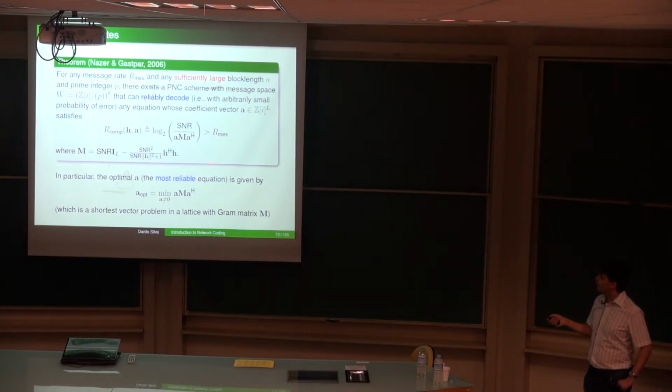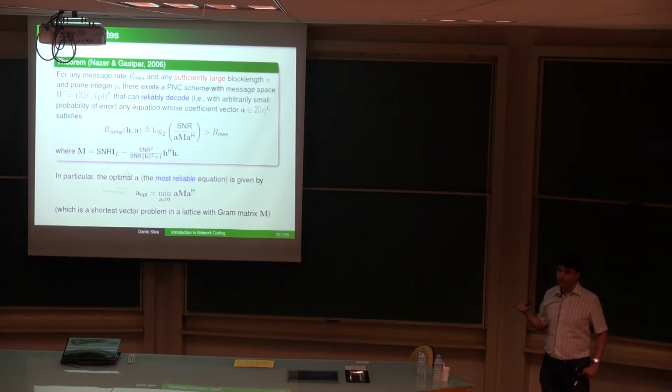Actually, any linear combination with coefficient vector A such that this quantity here is bigger than the message rate. This quantity is called the computation rate. And you can think of it as the capacity of some equivalent channel.